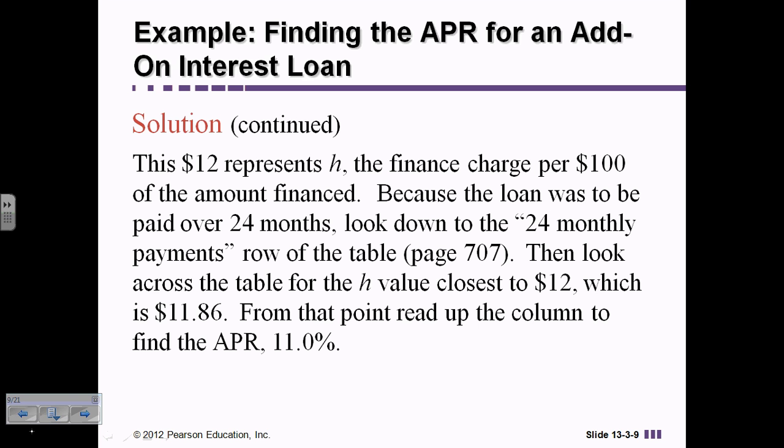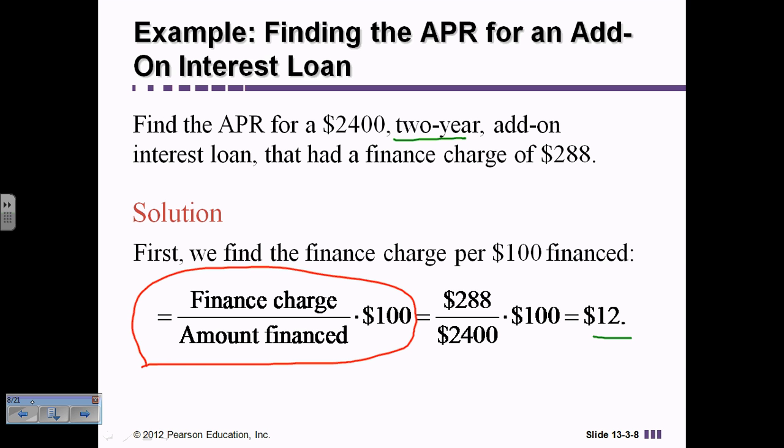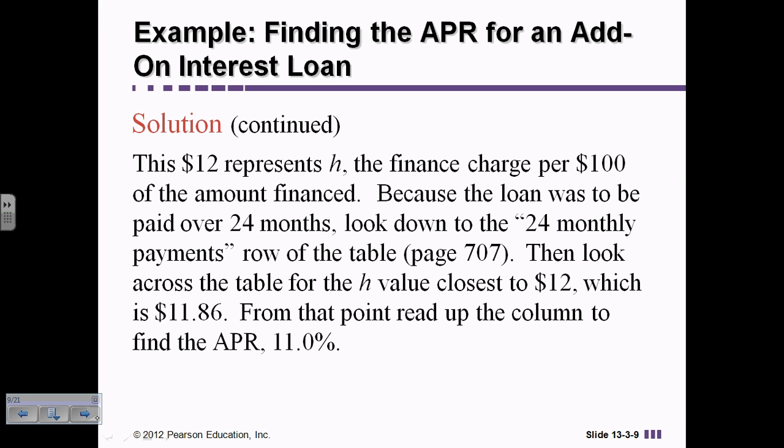So let's talk about what we found again. I know that I'm borrowing $2,400. I know it's for 2 years, and I know that the finance charge is going to be $288. But I want to make sure that, knowing that information, I'm being charged the percentage rate that the bank agreed to. So I can do this calculation. I come up with the 12. I look at my annual percentage rate chart.